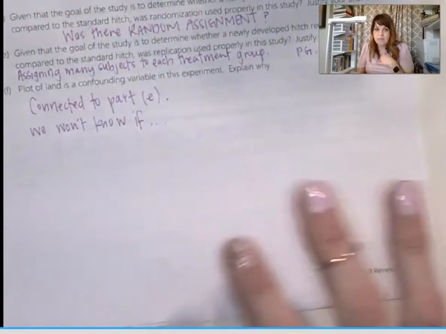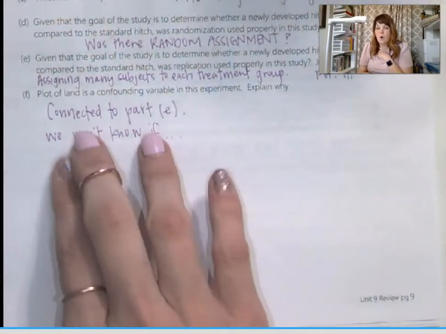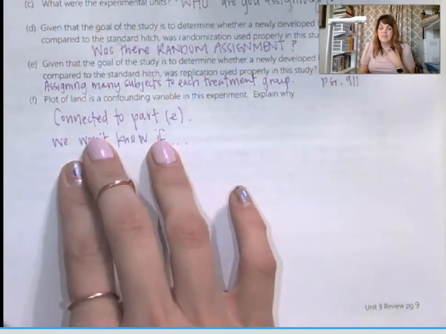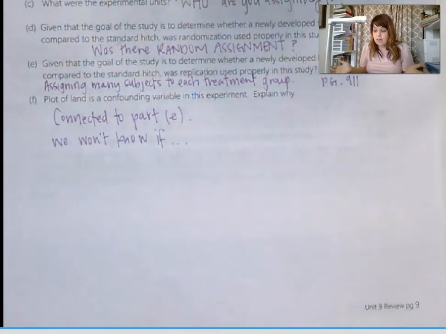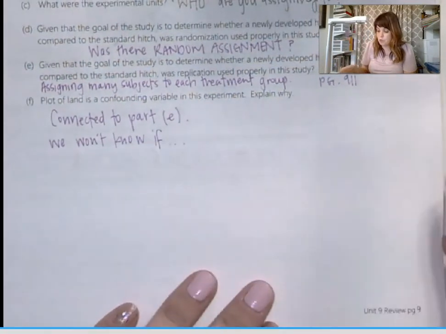So what if one of the pieces of land is very easily plowed, but another piece of land has a bunch of rocks in it? That can be a confounding variable. We won't know if it's the new hitch or if it's the type of land that led to the response in your draft. Okay, that's question 1.